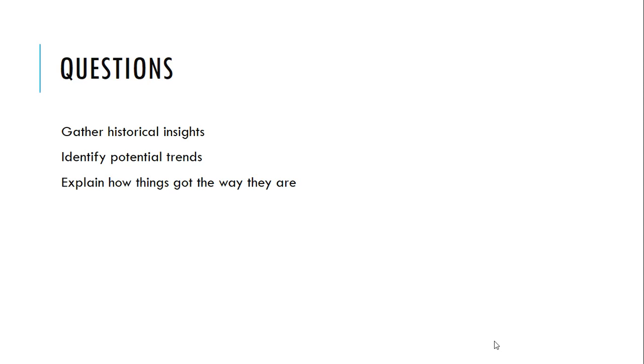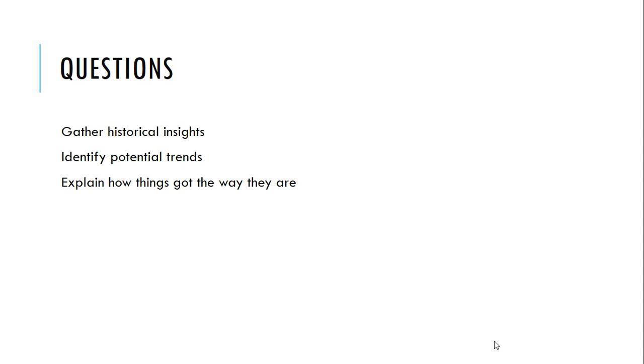So the questions that these types of data answer usually first is supposed to be just being able to gather historical insights. That could be for students, that could be for the school, but it's also helpful to identify potential trends that you might see.